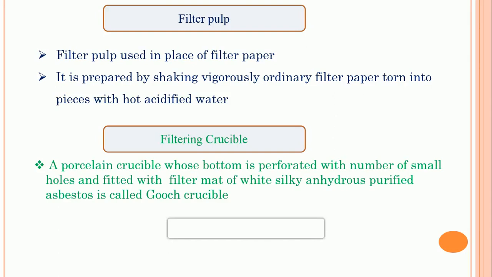So it is the asbestos material, and at the bottom there is a filter mat, and this filter mat is perforated with a number of small holes, and that is the filtering crucible.